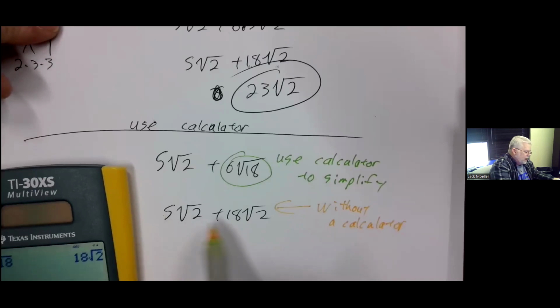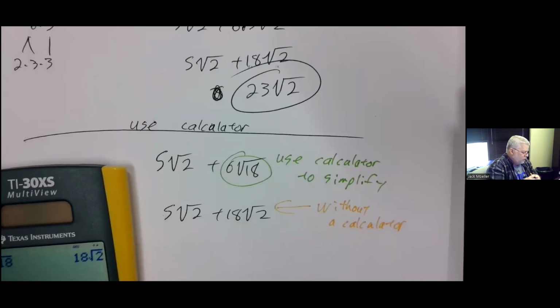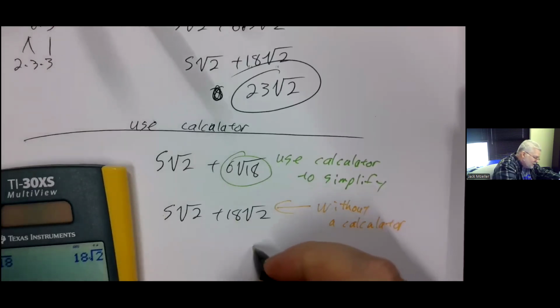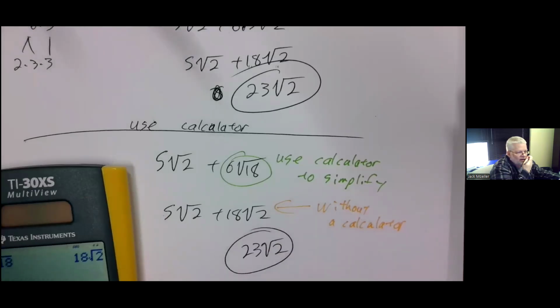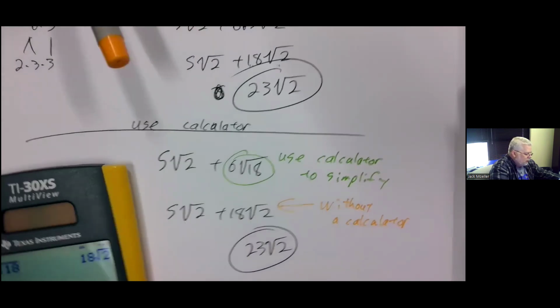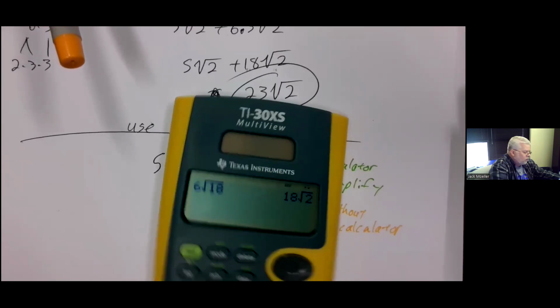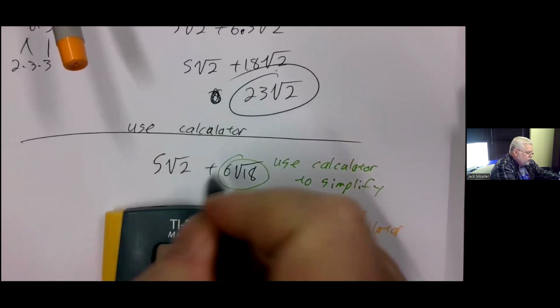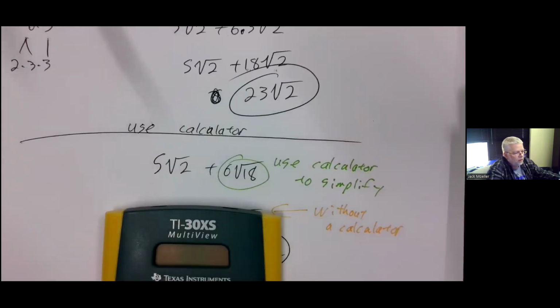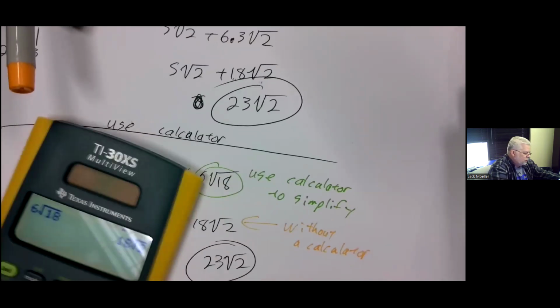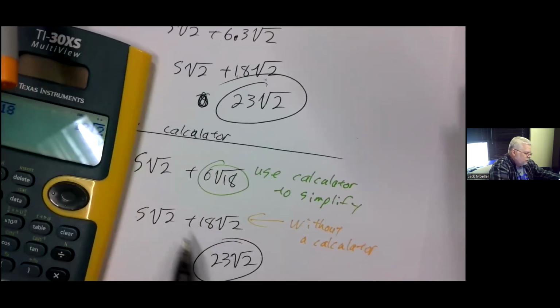So then we're just adding the coefficients. If you want to calculate 5 plus 18, that's fine. But you get what I'm saying: don't use the calculator for the entire thing, because we're not trying to completely bypass your knowledge part of this. There's no critical thinking going on if you just plug that whole thing into the calculator to begin with. There's still some critical thinking if you can deal with this without the calculator.